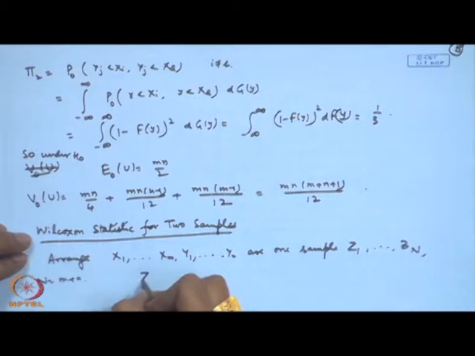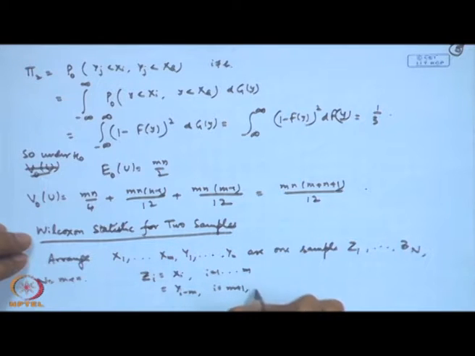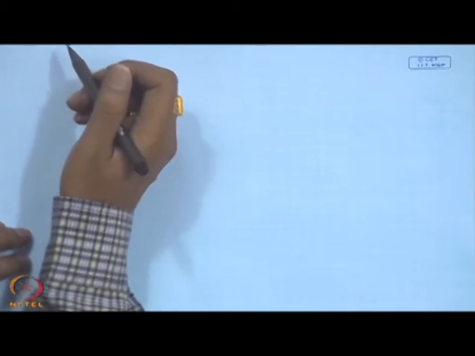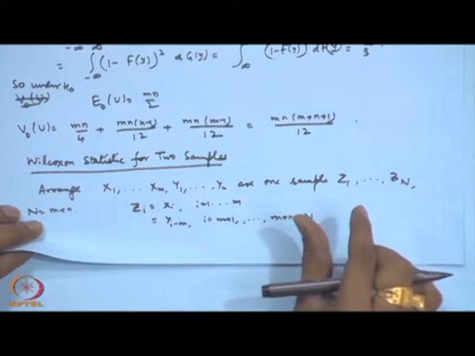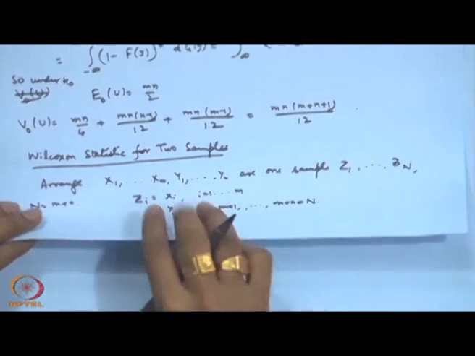That means, we are saying z i is equal to x i for i equal to 1 to m, and it is equal to y i minus m for i equal to m plus 1 to m plus n, that is capital N. Now, if the null hypothesis is true, that means, if the two distributions are the same, then basically it becomes simply one random sample from the entire population f.